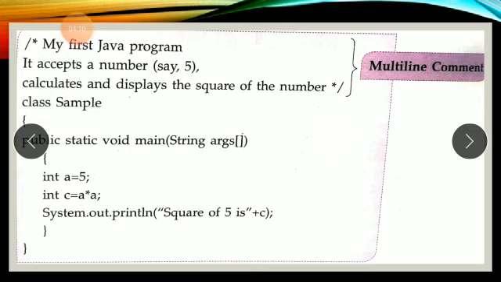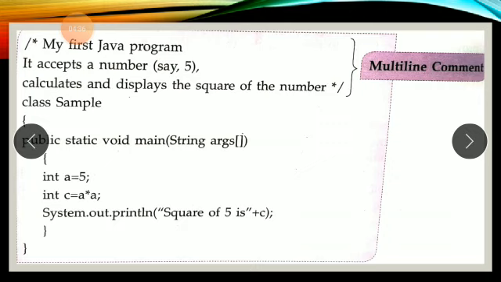Then you can write any multiple lines, and at the end of those lines you have to close with an asterisk and then a forward slash. Any multiple lines enclosed between /* and */ become a multi-line comment.